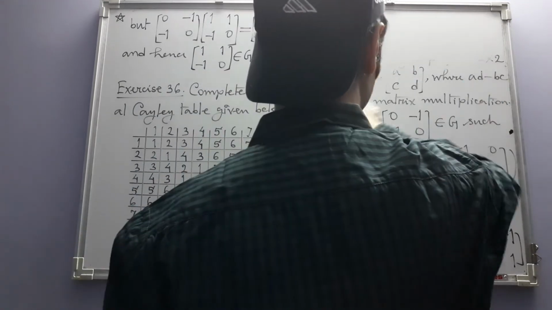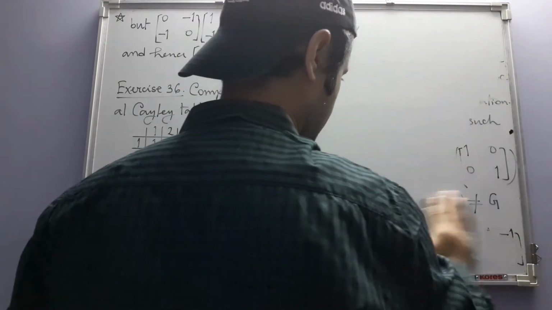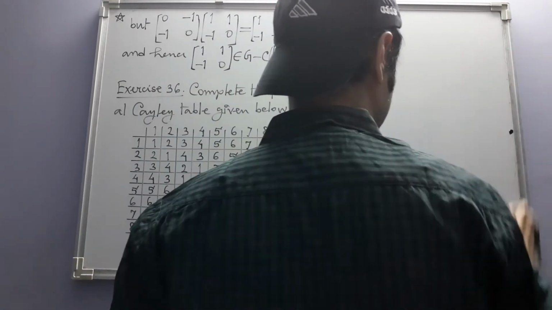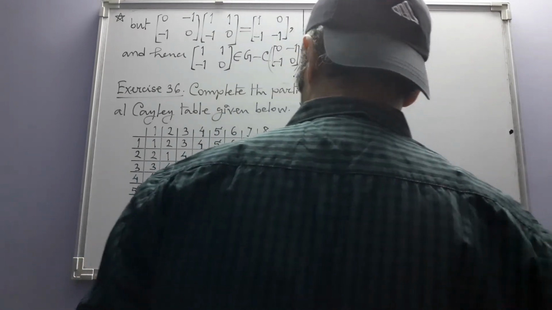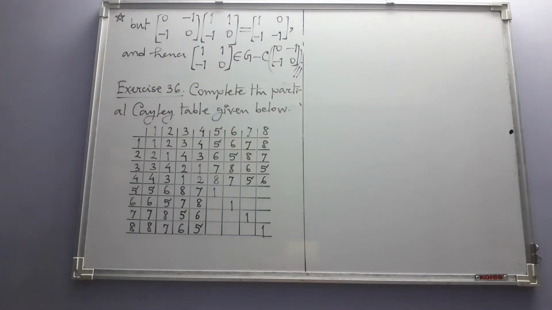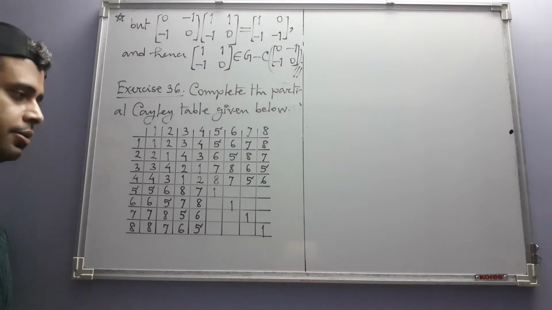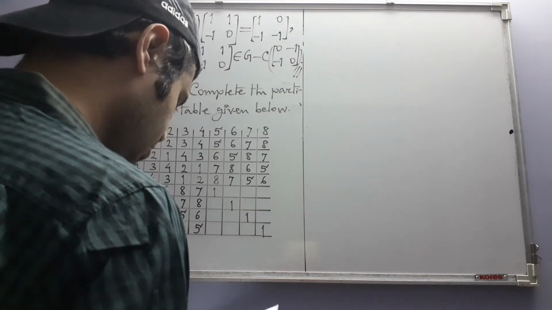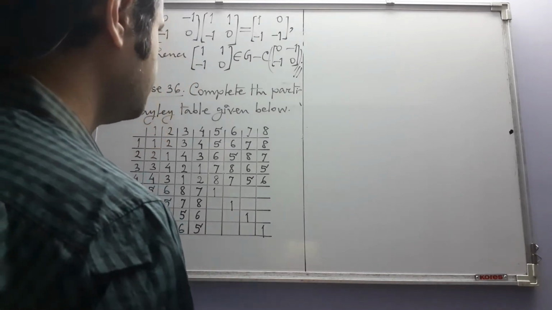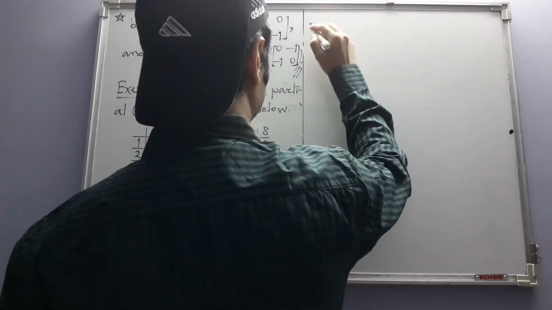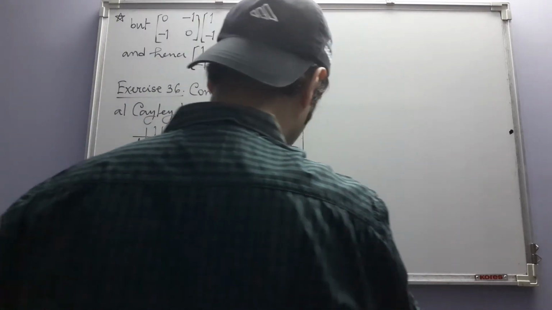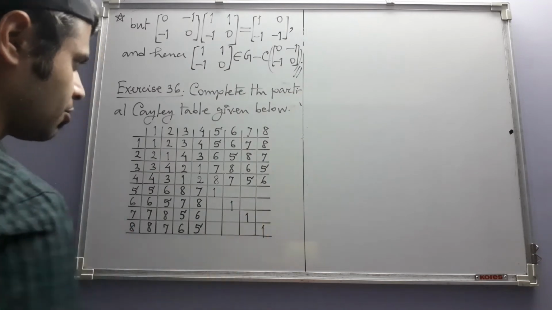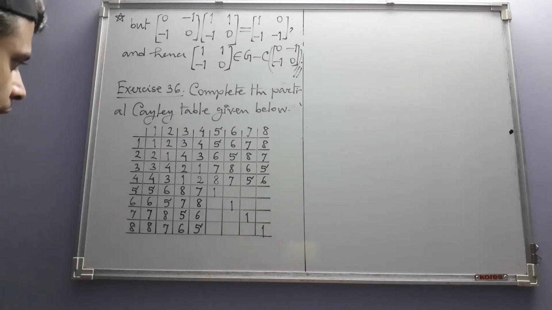Here itself we will fill in the blank spaces. But the question is, how shall we do that? For that, there are some small calculations that need to be done.